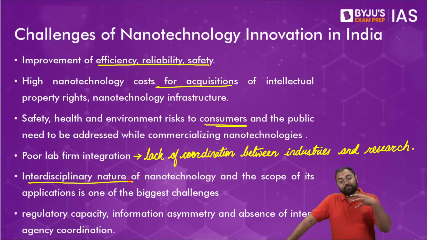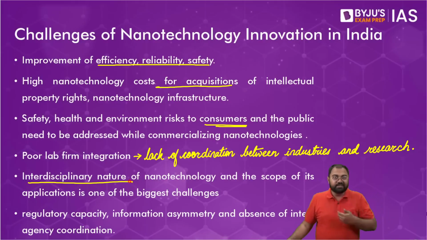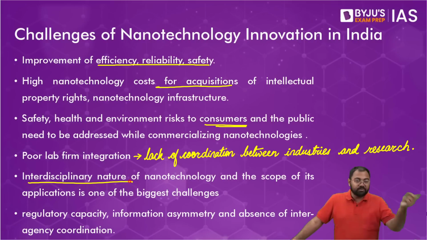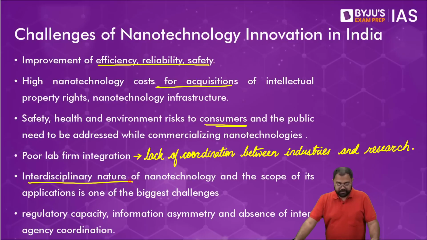So you need to have nanotechnology plus space technology knowledge. You need to have knowledge of nanotechnology and biotechnology to solve the problems in biotechnology. Similarly, you have to have knowledge of at least two of the branches so that you can use nanotechnology to solve the problems of those branches. That's why the interdisciplinary nature of nanotechnology makes it difficult to work with.